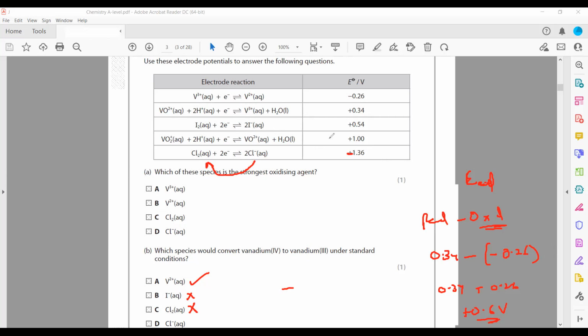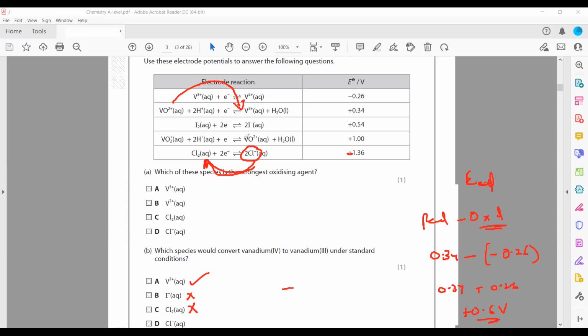For example, when we are reacting here with the chloride ion, because the chloride ion is a reactant, if chloride ion turns into a chlorine molecule by loss of electrons, vanadium 4 will gain an electron and turn into V3. But a further possibility is there. What is the second possibility?